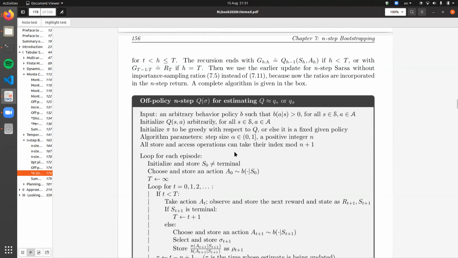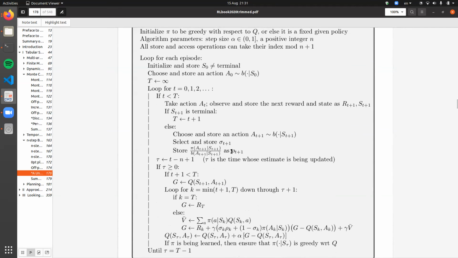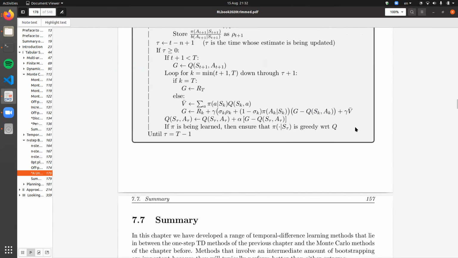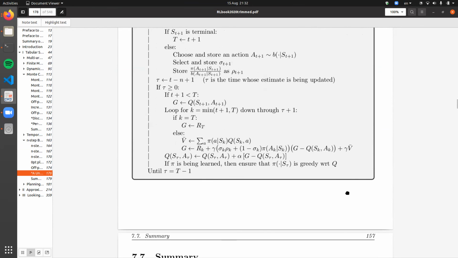And we store this importance ratio at each time step. Finally, we weight our update by this linear combination of sigma and 1 minus sigma, right? So that is the Q sigma algorithm.